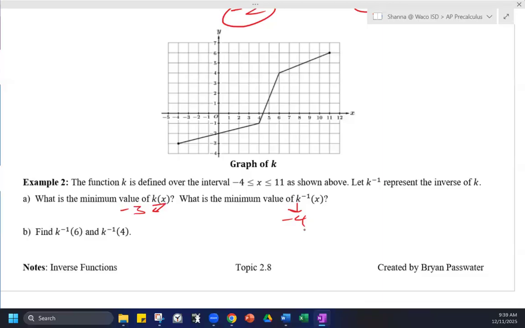Yes? All right. Remember, you guys said it doesn't change just because it's a graph, right? So if I ask you for k inverse of 6, what do I get?